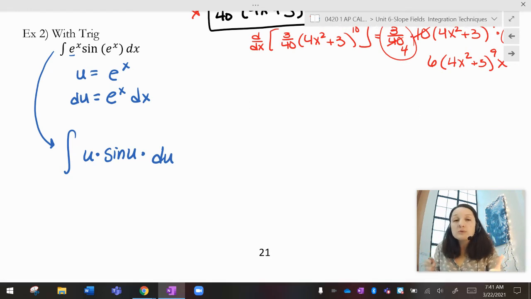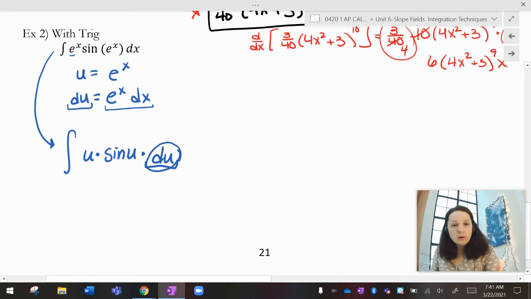When you are substituting, you want to make sure that everything's going in its place here. Yes, u is e to the x, so I could put a u here. The problem is when I wrote this du, du represents e to the x dx. This du here is representing too much stuff, okay?